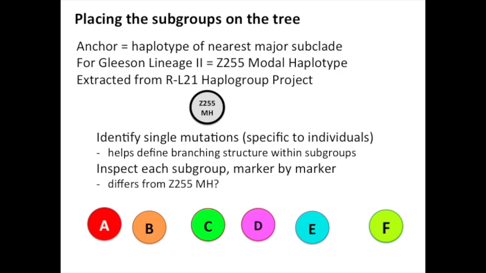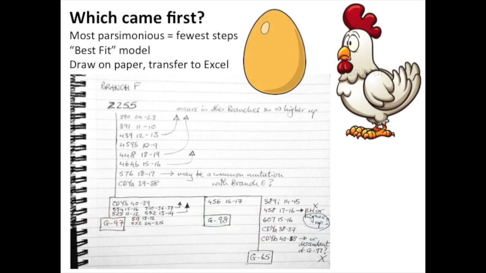So it helps define the branching structure within subgroups, but then you inspect each subgroup marker by marker, asking the questions: does this marker value differ from the marker value in the Z255 modal haplotype? And also, is it unique for that particular subgroup, or am I seeing a parallel mutation in another subgroup? And this is where you end up playing a game of chicken and egg. Which came first?